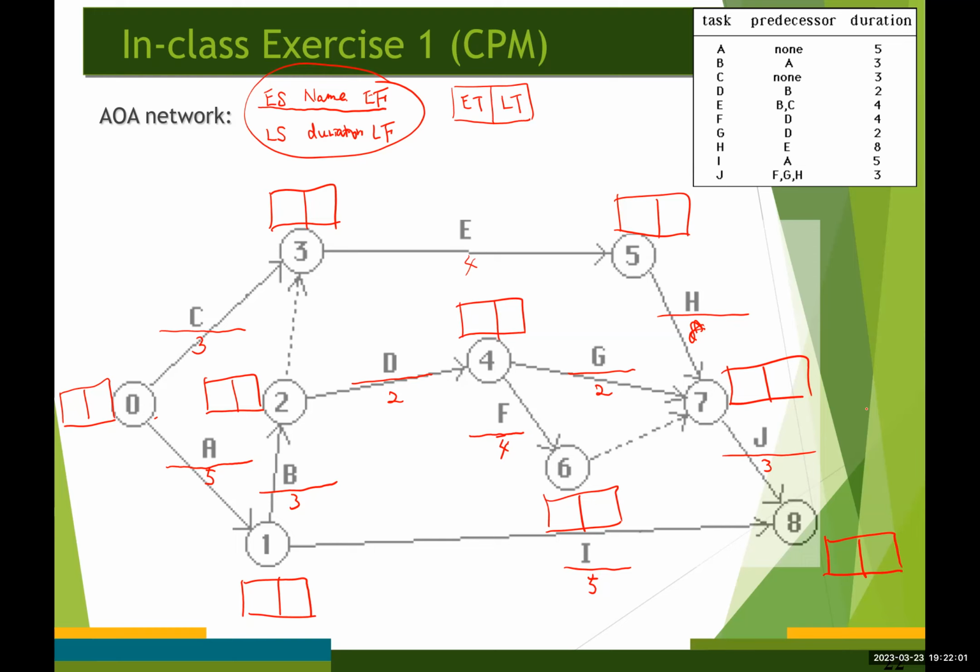Okay, so let's start computing the earliest time first. I'm going to use a different color. I'm going to use green for the earliest time. So starting at time t equals 0, the earliest time for the start node becomes 0, right?